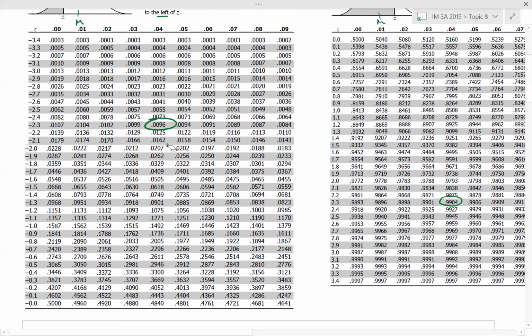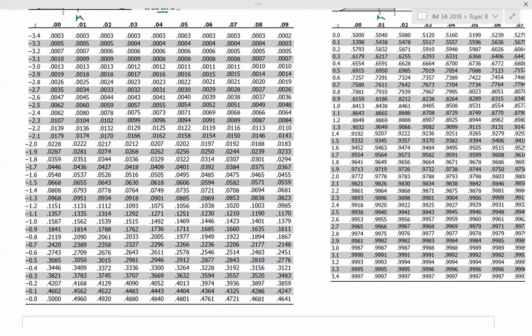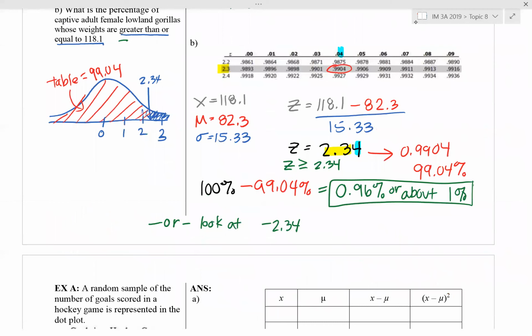Okay, so if I'm finding the area above a number, the alternative is instead of having to subtract from 100, I could just look up the opposite z-score. So if my z-score is negative, I would look at the positive side. If my z-score is positive, I would look at the negative side. Again, that's only because I'm looking at a z-score of greater than those values.